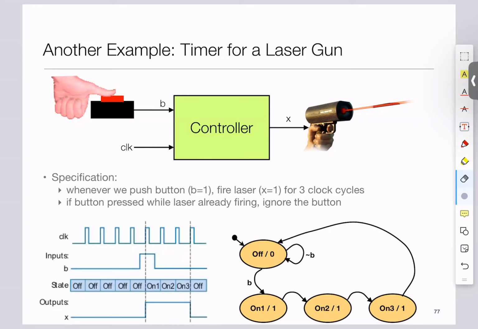So the laser is off, that's the off state with output 0, and then 3 cycles of on state: on 1, on 2, on 3. If I'm in the off state and the button is off, then we stay there. If the button is on, we go to on 1, and then after that, cycle through on 2 and on 3.